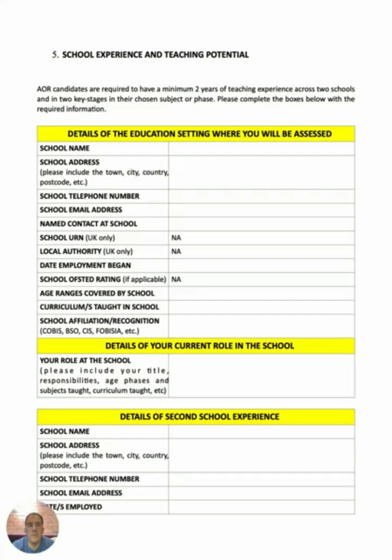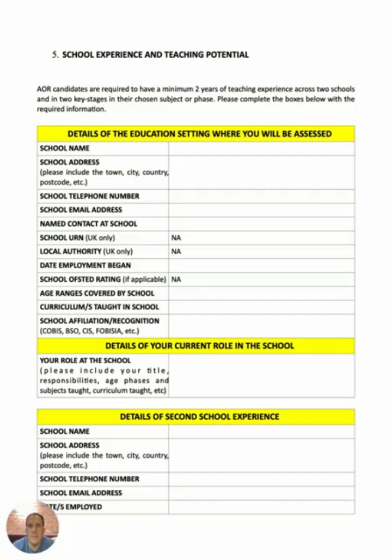The current school number, so that can be the office number. The named contact at school. This doesn't necessarily have to be the person that is also going to be your mentor, but if your mentor is happy to put their contact number in there, and also the school address and school email address, put it in there.